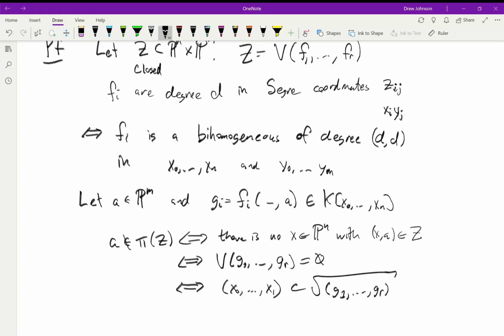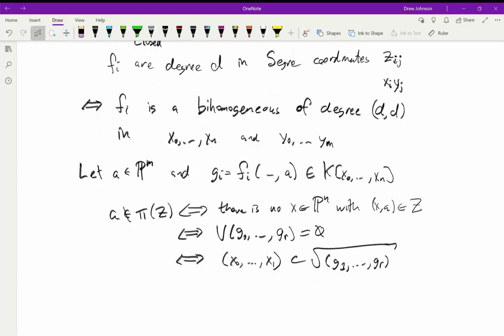All right, so that was our theorem here. The vanishing set is empty if and only if the irrelevant ideal is contained in the radical, like this. Okay, and let's now apply the definition of the radical. So there are ki so that xi^ki are in the ideal generated by the G's.